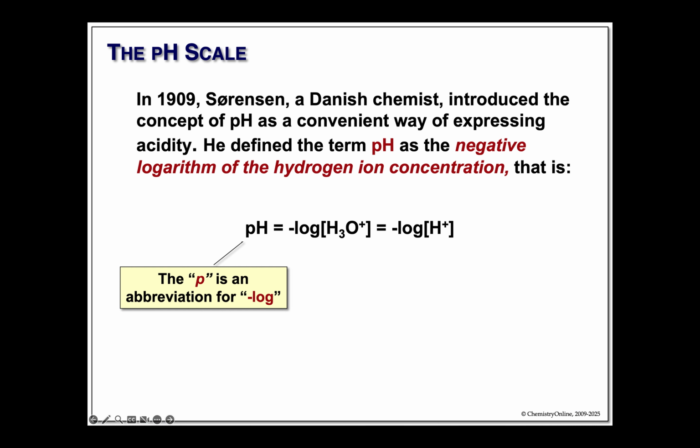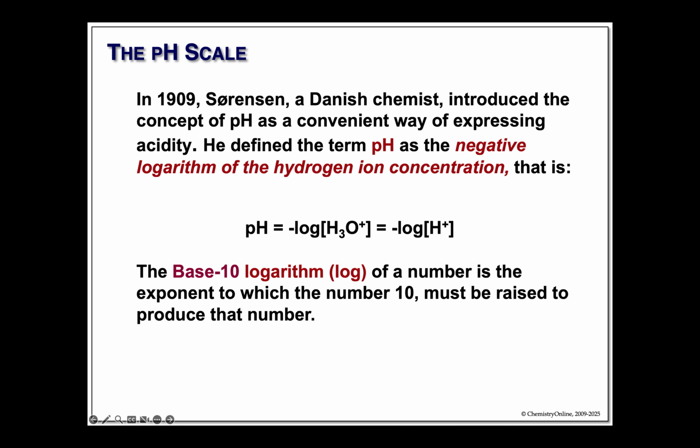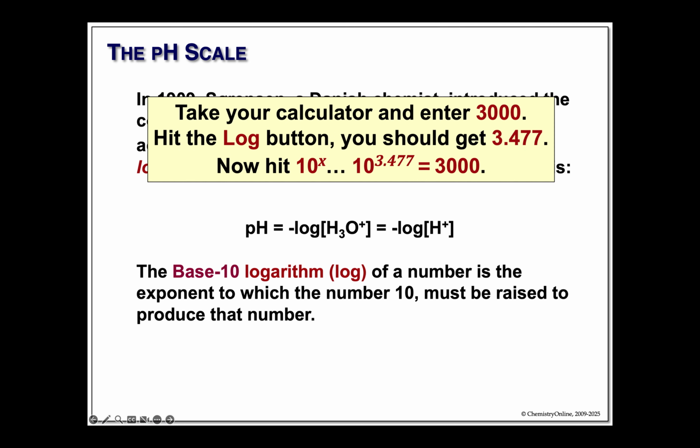P simply stands for the term minus log. All right. Again, let's take out our calculators and do the same sort of exercise. If you enter 3,000 and take its log, you should get 3.477.